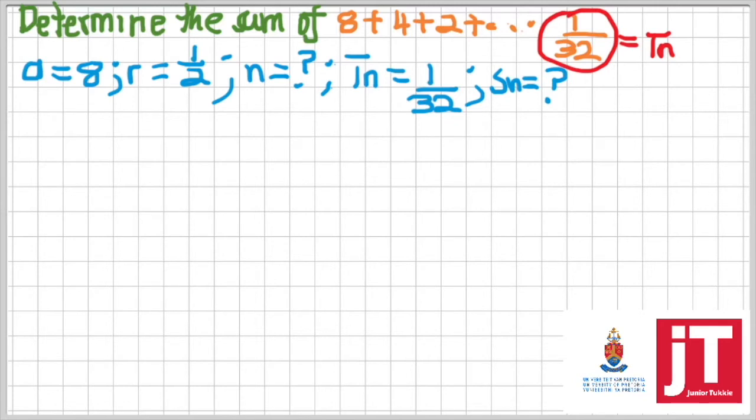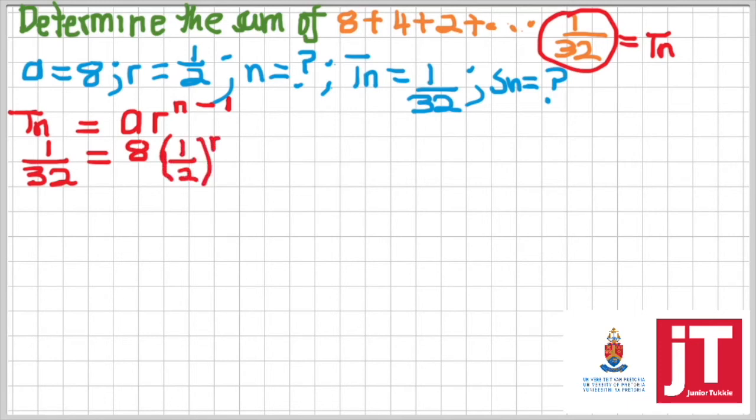But to get n, we need to use the general formula for a geometric sequence, not series, geometric sequence, which is given by Tn is equal to a times r to the power n minus 1. Then we substitute our Tn, our a, and our r to get 1 over 32 is equal to 8 times half to the power n minus 1.